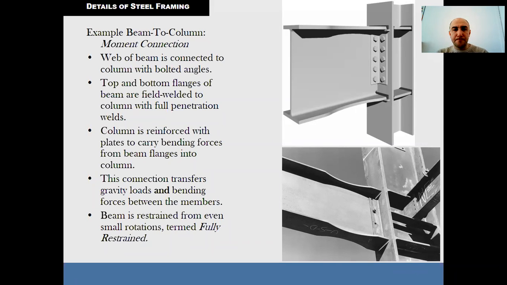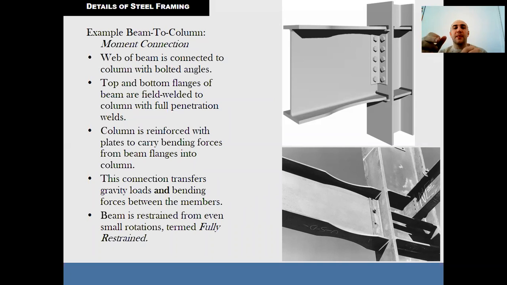Okay, so there are some examples of moment resisting connections used in multi-story braced buildings and also in single-story portal frame buildings. Connections in multi-story frames are most likely to be bolted, full depth plate connections or extended end plate connections.